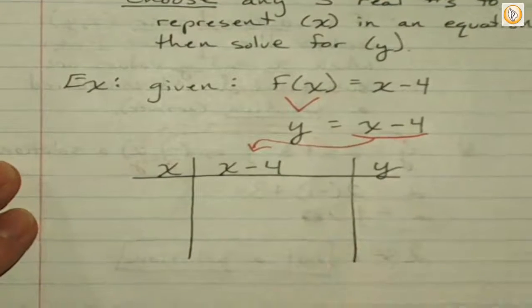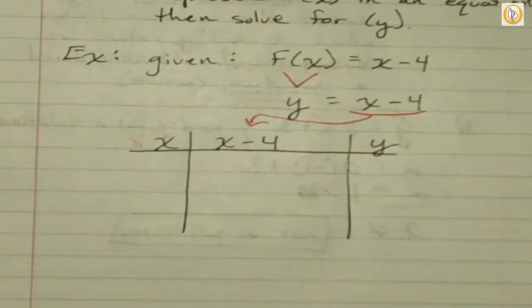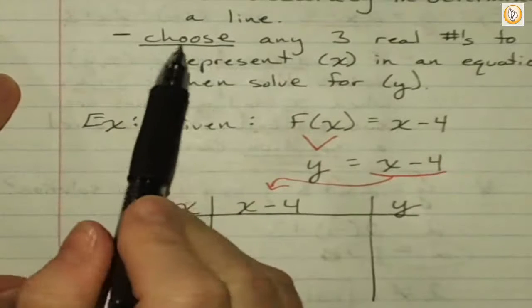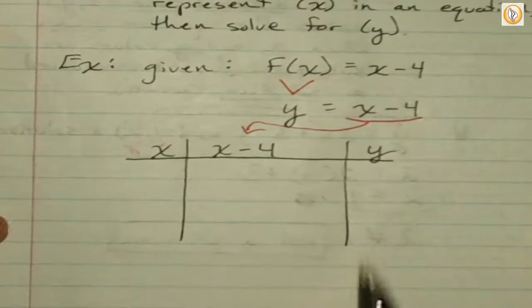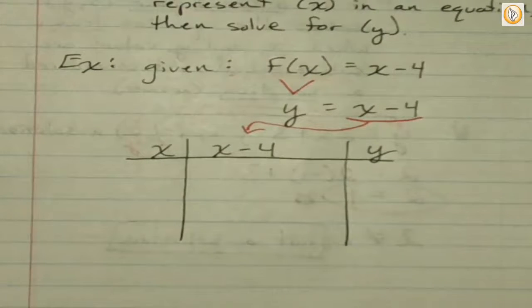And this is going to be my y. Now, you choose any 3 numbers. They didn't give them to you like we have been doing. This time you choose them.